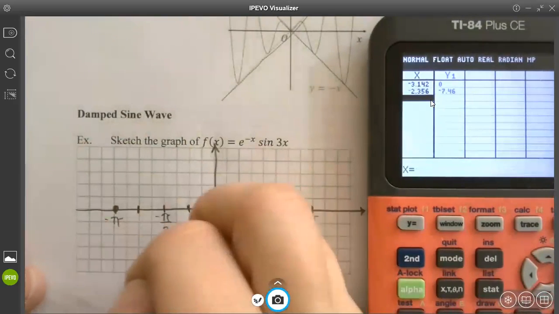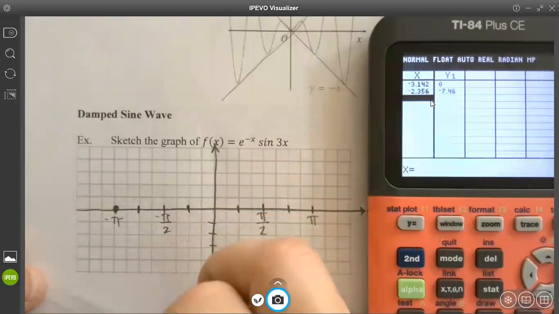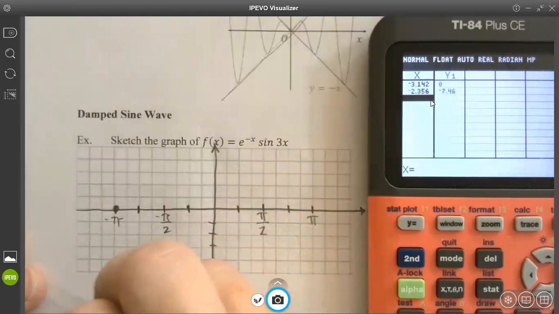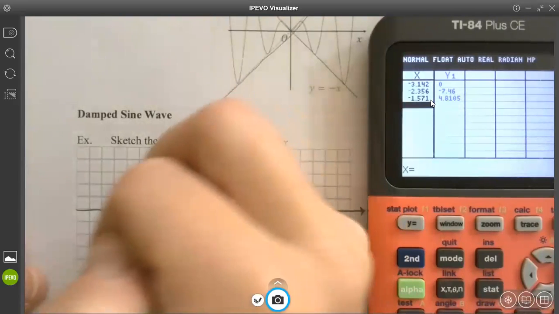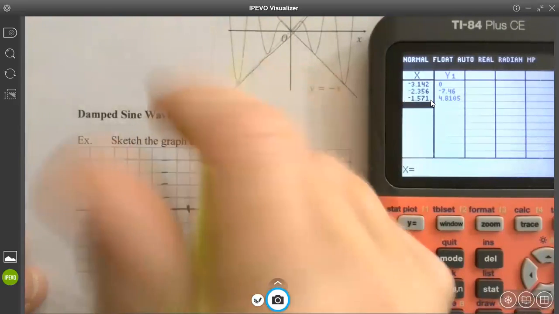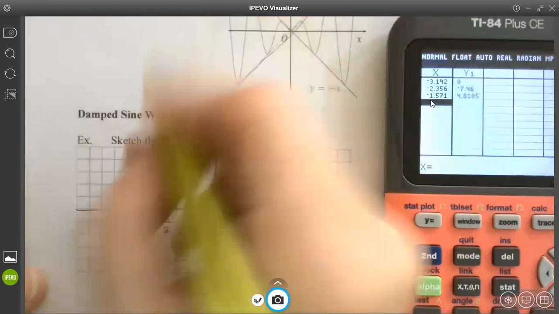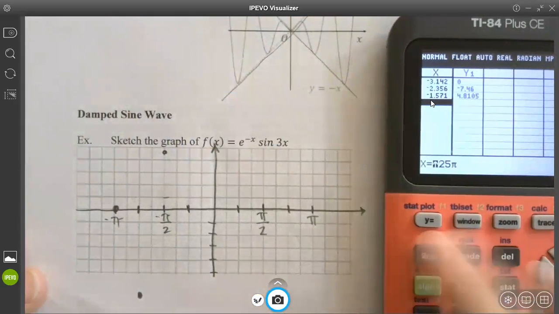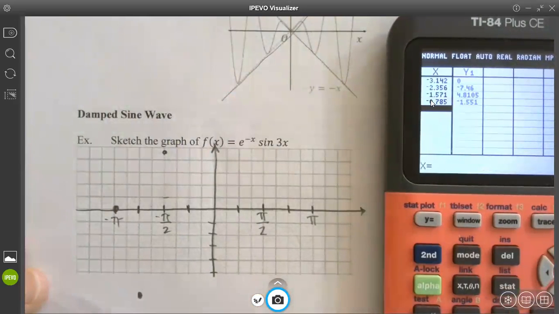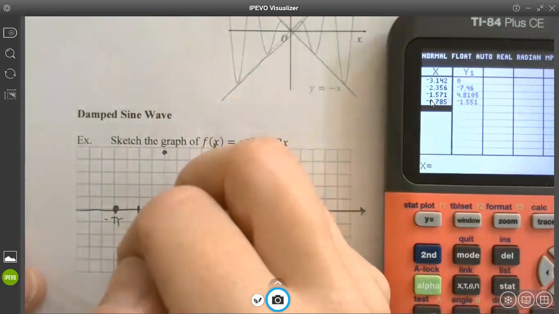Okay, so this goes down to 5, 6, 7, something like this. What can I plug in next? Negative pi over 2 is 4.8, so somewhere right in here. Negative 0.25 pi is negative 1.55.